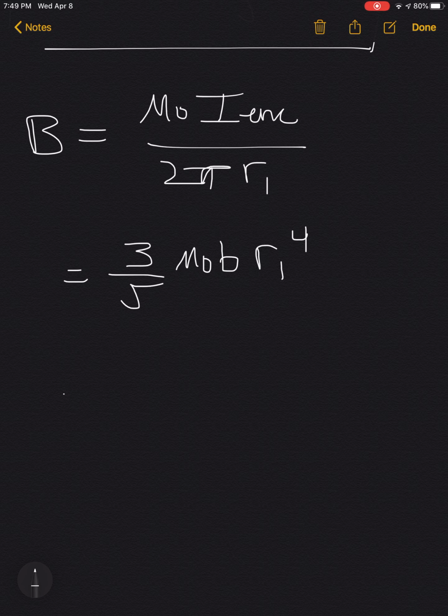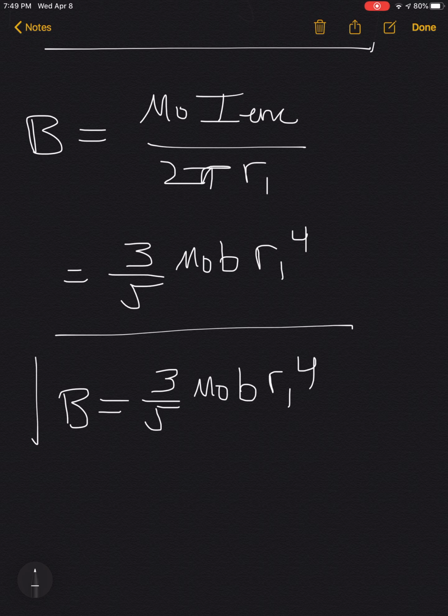So let's rewrite that just to make it look better. 3/5 mu naught b r1 to the 4th. And what you see here is that as you move further away, the current density is increasing as you go further away. That's what that function that was given means. So as you move further away from the center of the cylinder, you enclose more and more charge.